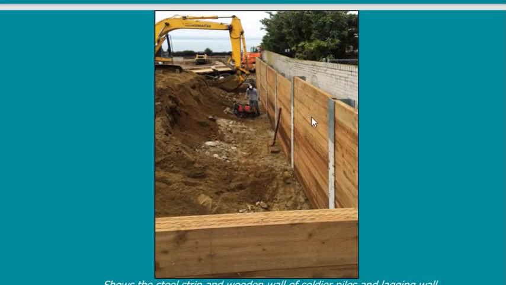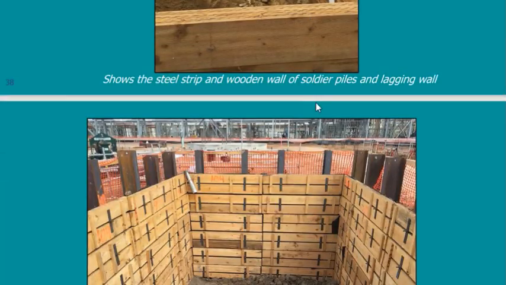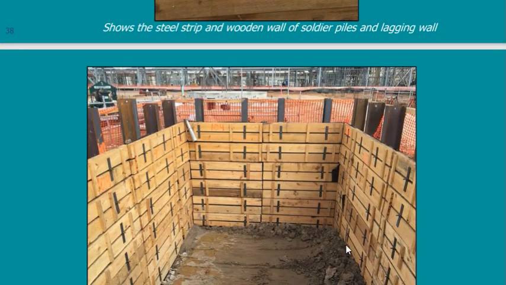This is a photo. This gives you an indication of the wooden lagging connected to the I sections, the steel I sections. You see this site. This is wooden lagging all around.